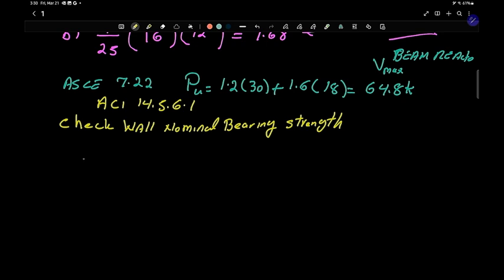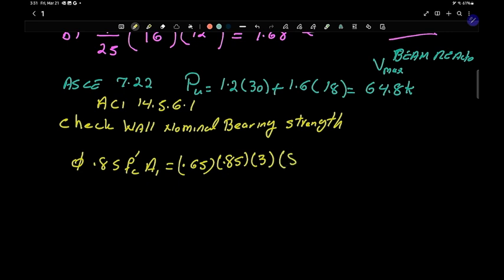So we're going to put a phi factor on it: phi times 0.85 f'c times area A1. So that's 0.65 times 0.85 times 3,000 psi concrete, and the area we're going to use is 8 inches by 10 inches, because we said the wall width is going to be 8 inches and the beam itself is about 10 inches wide.